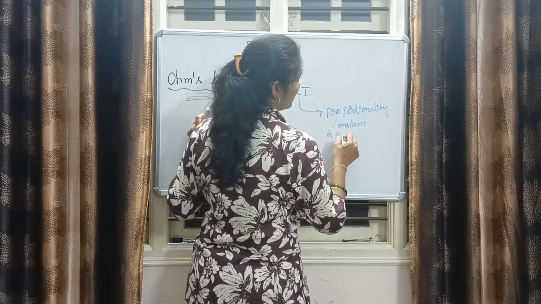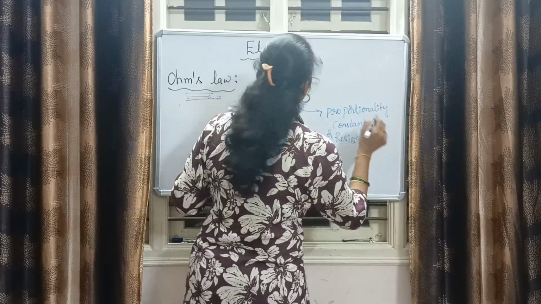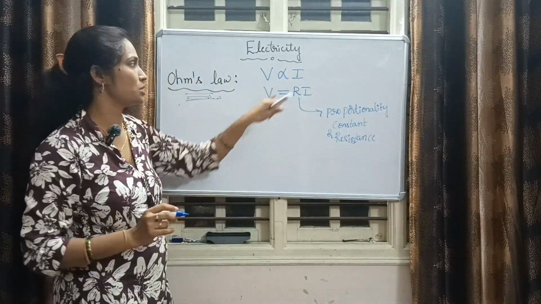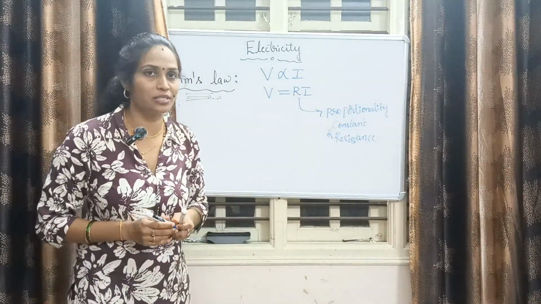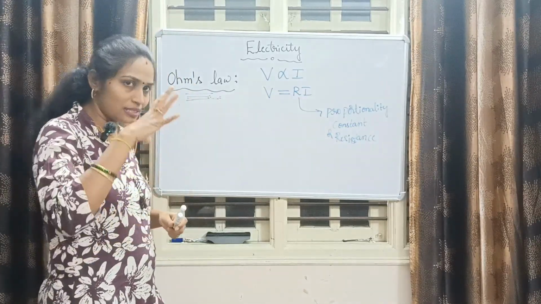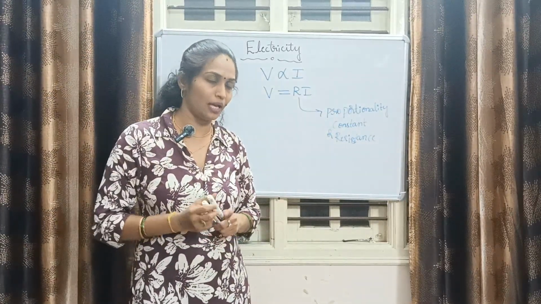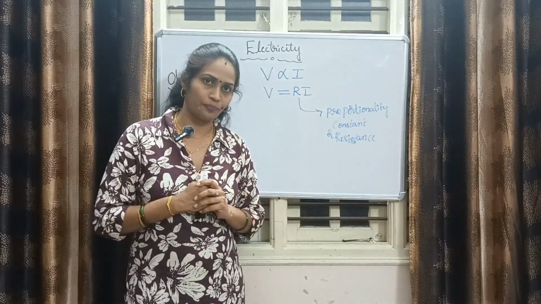R is resistance. What is resistance? I'll tell you. I wanted to remove this proportionality symbol, so I introduced one proportionality constant called R, which is nothing but resistance. What is the meaning of this resistance, guys? Obstruction, disturbance in a circuit.